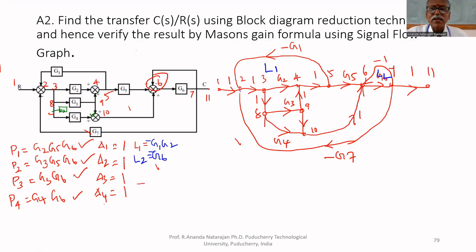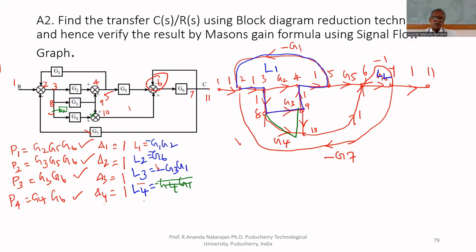Another loop I can find. If I travel 2, 3, 8, 9, 4, 5, if you travel like that, I'll get one loop. That is L3. If I travel like this, I can find one loop. What is that loop? Minus G3, G1. That is one loop. L5 equals G2, G5, G6, G7. That is one loop.